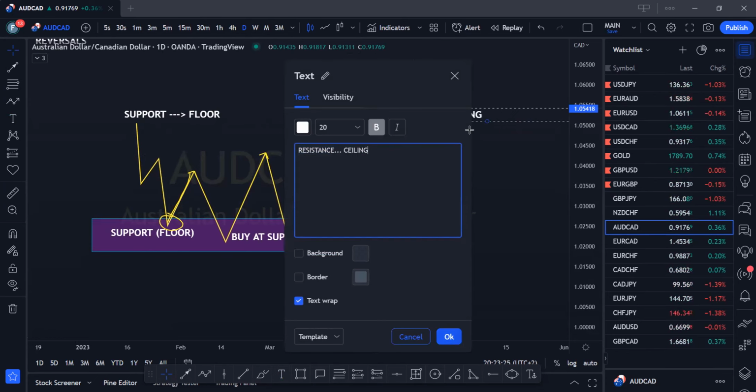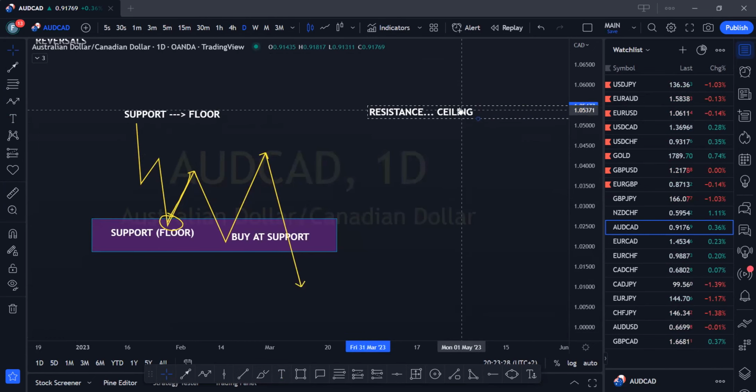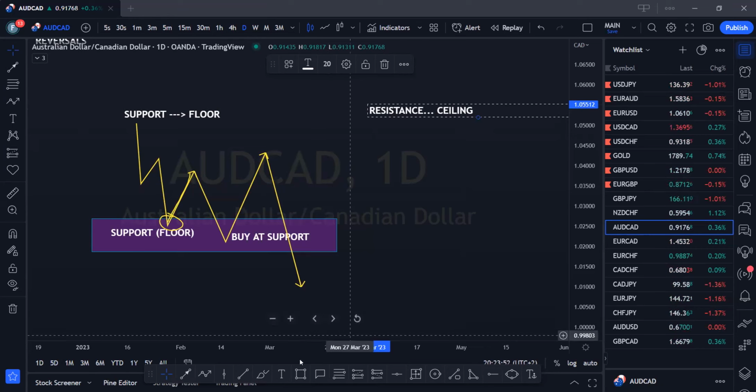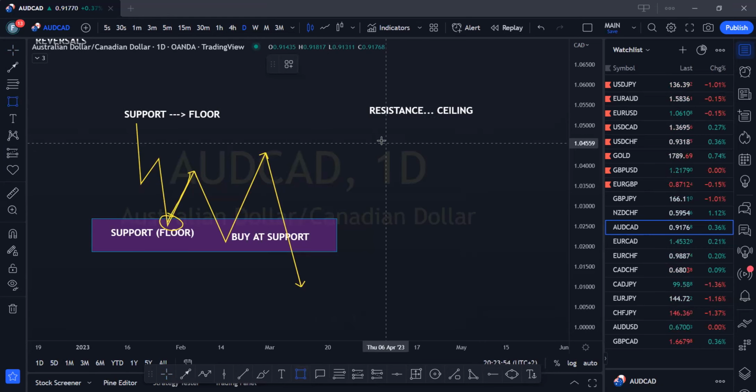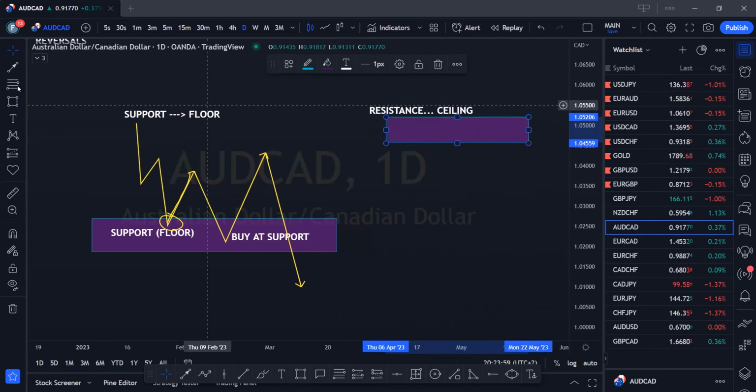So the ceiling of your apartment right now, when you throw a ball up, when that ball hits your ceiling, it's going to come back down most of the time. Except you throw that ball with a very, very strong force, or the ball is made of a very, very rocky substance, and then maybe it can penetrate your ceiling, right? So a resistance is a zone in the market that acts as a ceiling.